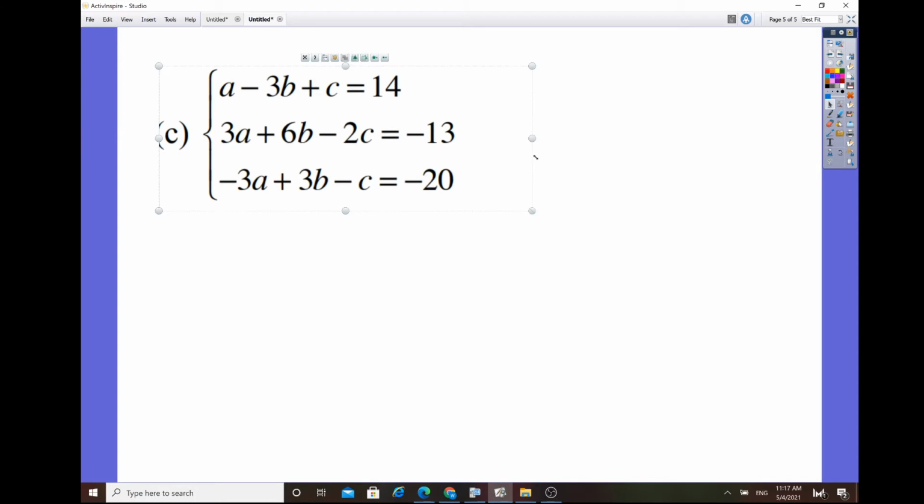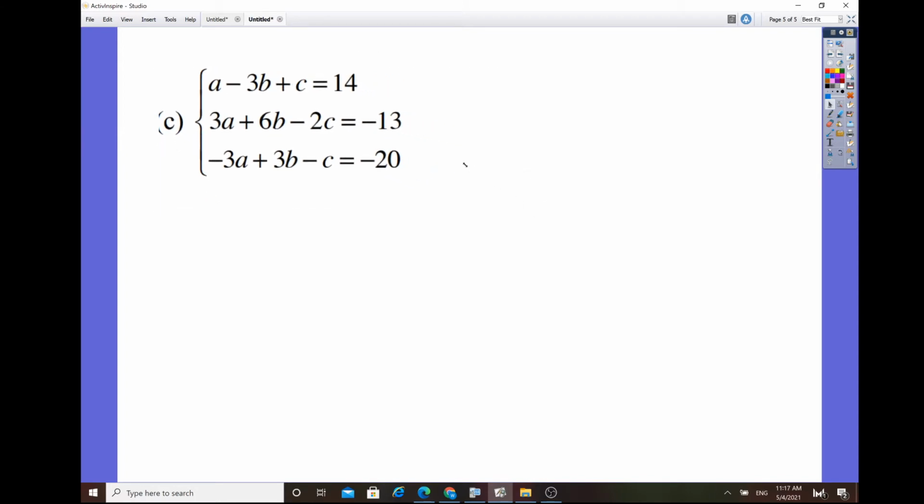Started off with the labels: equation 1, equation 2, equation 3. You probably noticed that once we combine the second and the third equation, you'll see that 3a and negative 3a get canceled.